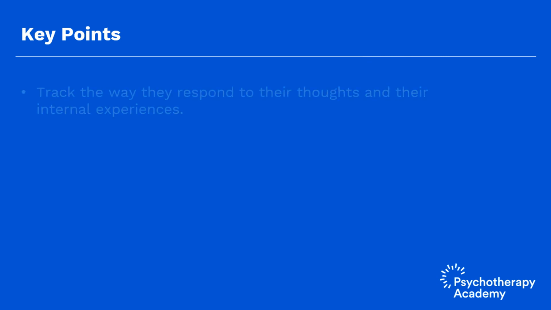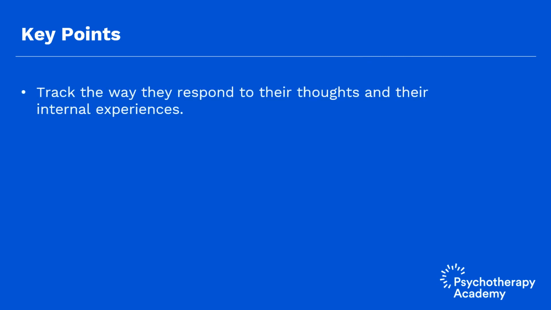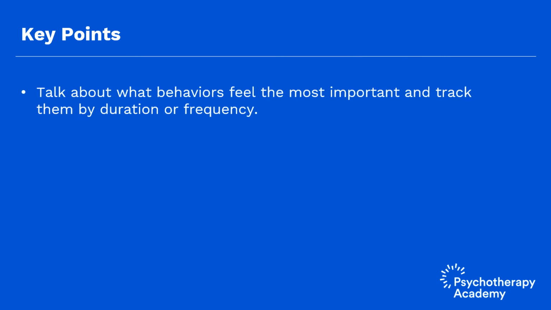Some of your options are to track the way in which they respond to their thoughts and their internal experiences. And you can use a self-monitoring form to have them actually walk through this from week to week. They can also track behaviors that are relevant to them. And these are ones that can be increasing or decreasing, but you definitely want to talk with them about what behaviors feel the most important to them.